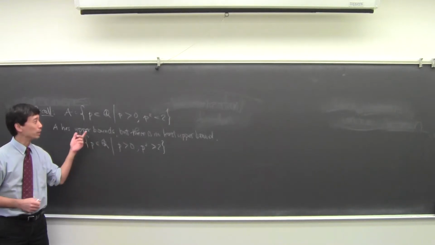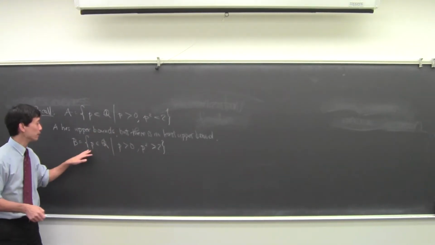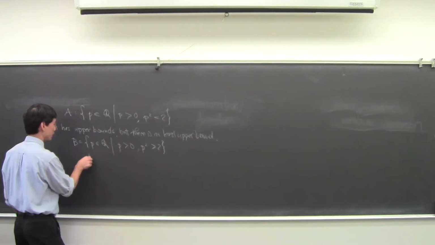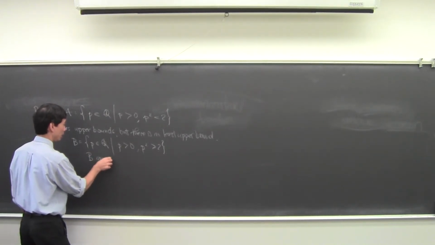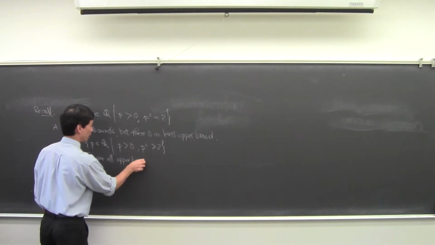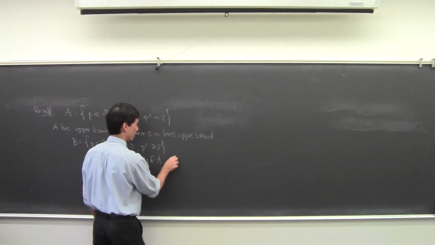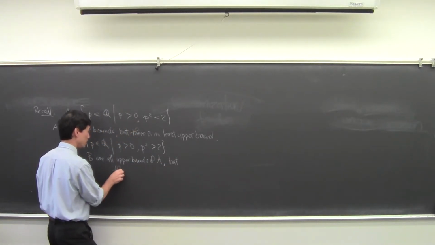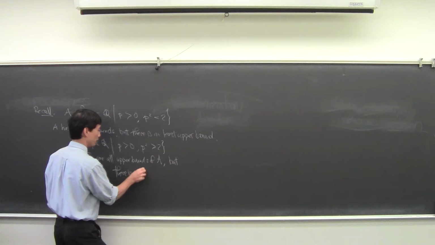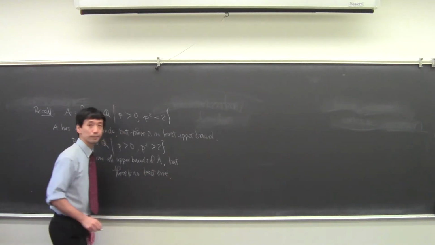These turn out to be upper bounds of A, but there is no smallest one. There is no least one.